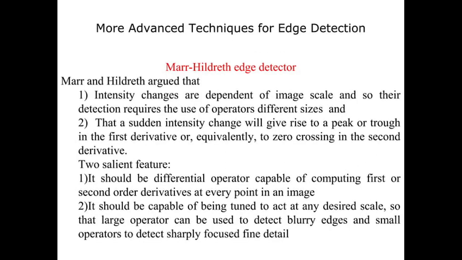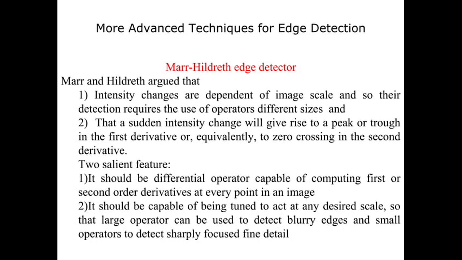Also we can have more advanced techniques for edge detection, and the Marr-Hildreth edge detector is a famous advanced technique. Here I will mention only the highlighted points of this edge detection. The intensity changes are dependent on image scale, and so the detection requires the use of operators of different sizes, and a sudden intensity change will give rise to a peak in the first derivative and equally to a 0 crossing in the second derivative.